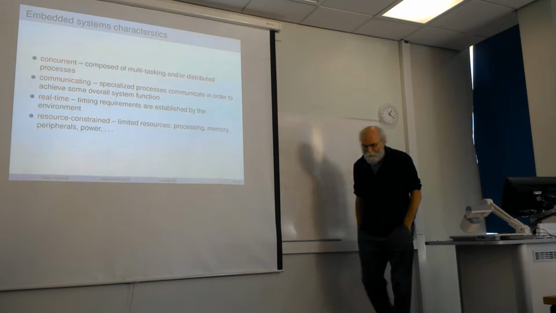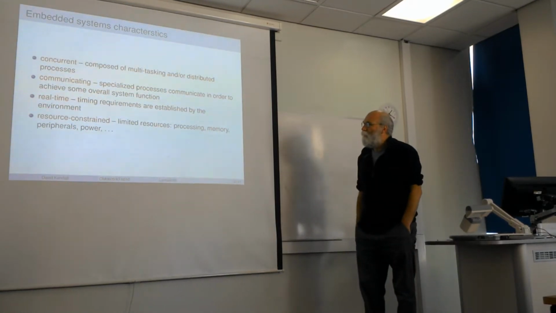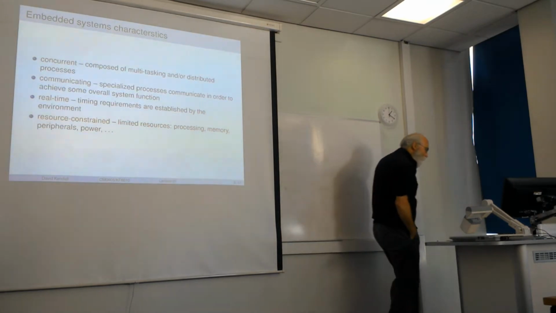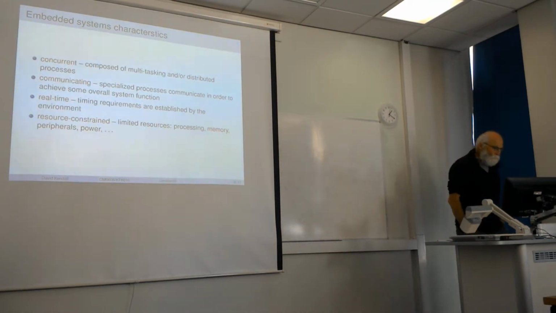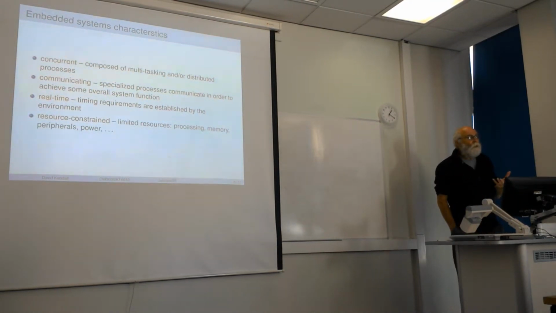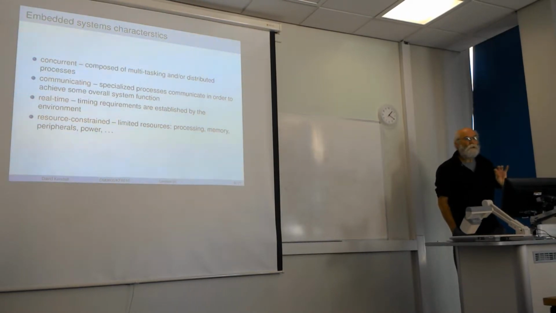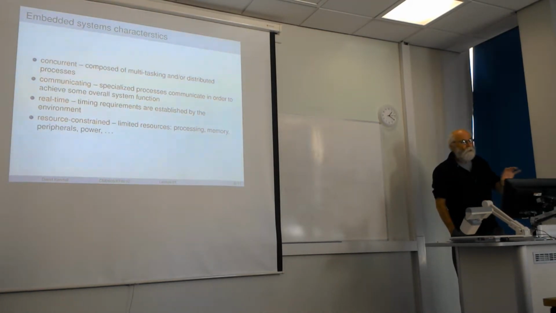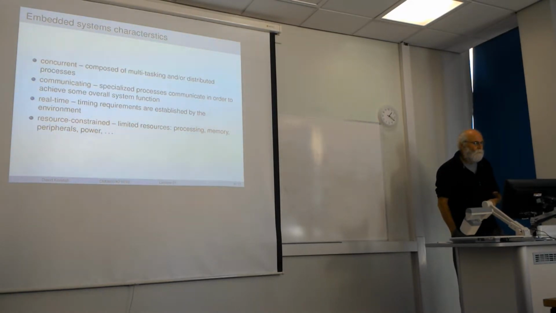For those people who didn't come to the previous lecture, I'll briefly run through this again and tell you why these characteristics are important. Even if you've got an embedded system with just a single node, the chances are that you've got some multitasking going on on that single node. If you've got a distributed system, you've got multiple nodes, so certainly you've got concurrency in that case.